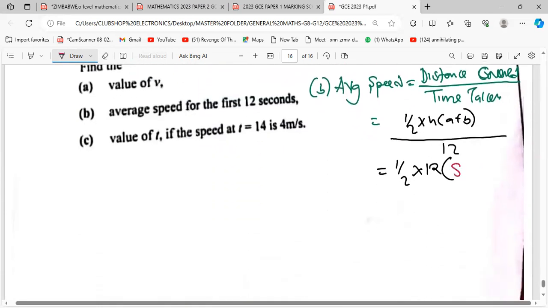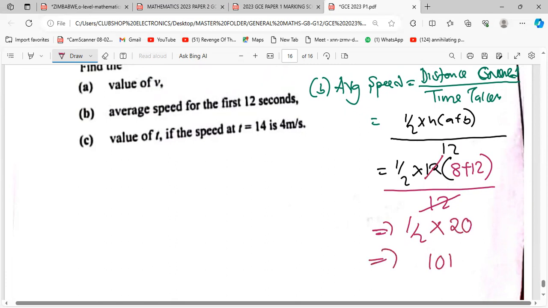So we have half times 8 plus 12, divided by 12, and this one will cancel. Now half times 20, so your answer is 10 meters per second as your average speed, right?